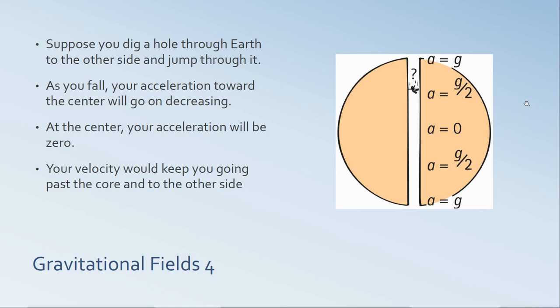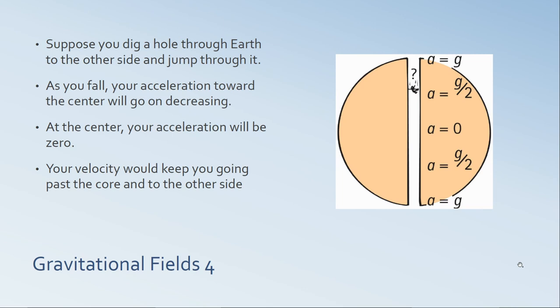Now remember, our acceleration is going to be 0, but we still have some velocity. We're still moving. And we would have enough velocity to keep us going outside, because as we passed the center, gravity would start pulling on us again until the force of gravity here was g again.